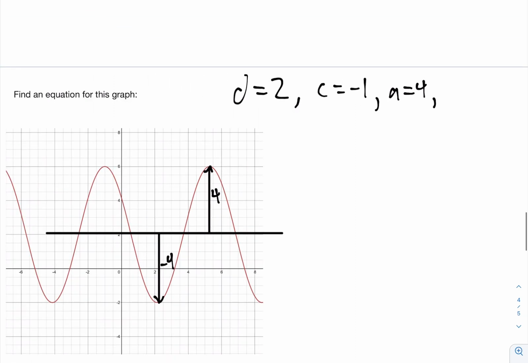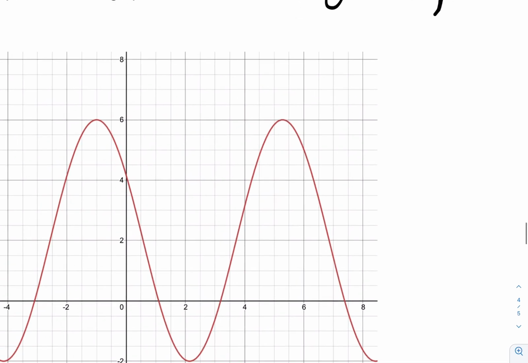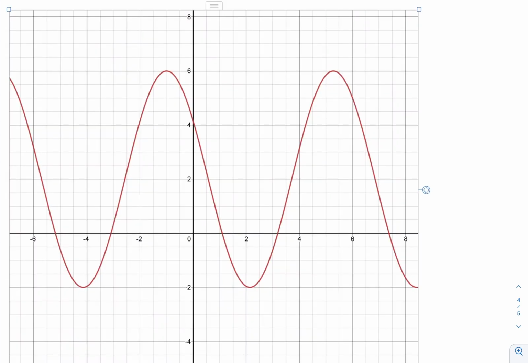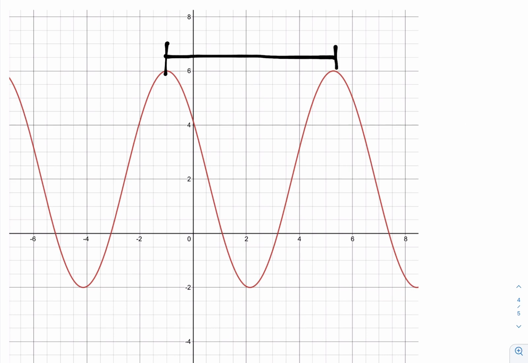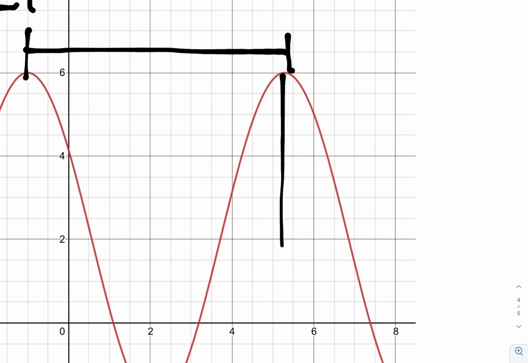Okay, and the last thing we're trying to find is the b value. That shouldn't be too hard using the formula we used before. The period of this is just the distance from the peak to the other peak. So this coordinate here is negative 1, which we just found. And this peak here is going to be, what is that?